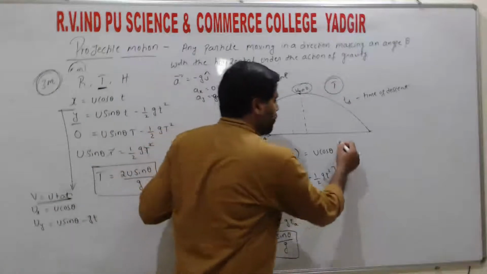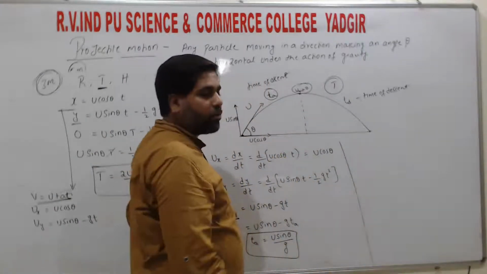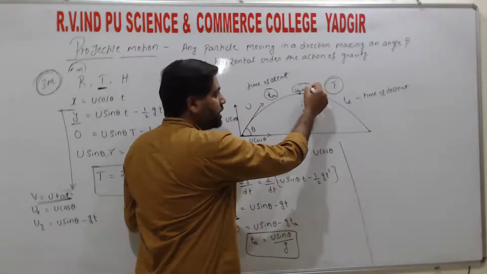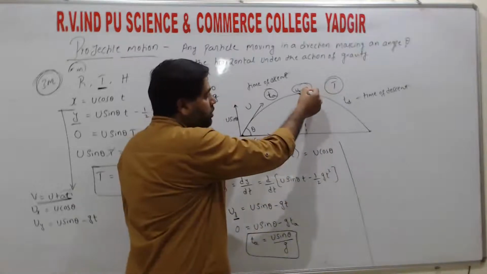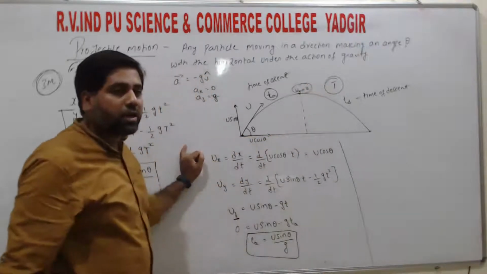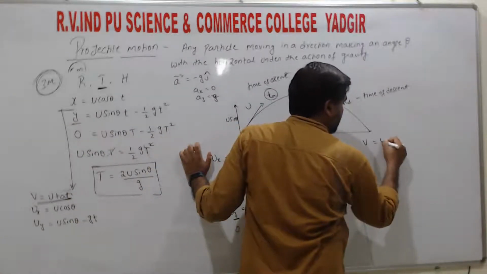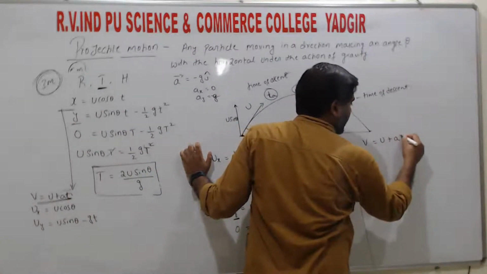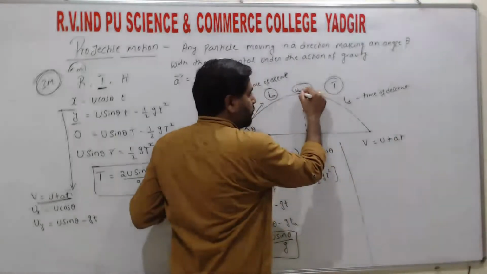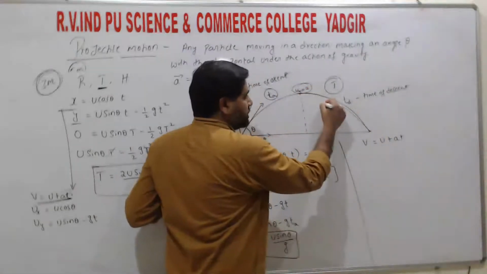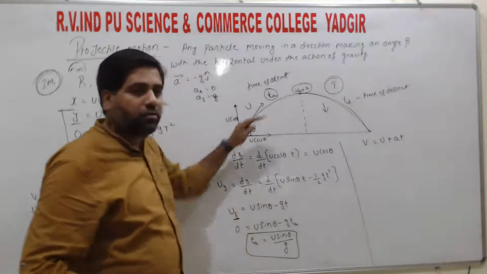So next, for the time of descent. In the time of descent, this becomes the initial velocity, right? So the initial velocity is 0. With which relation do we find the time of descent? v is equal to u plus at, right? So here, from the time of descent, the motion is vertically downwards.